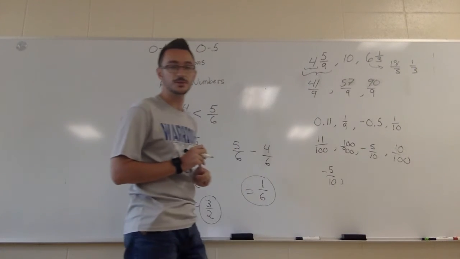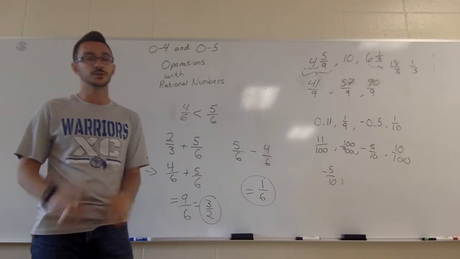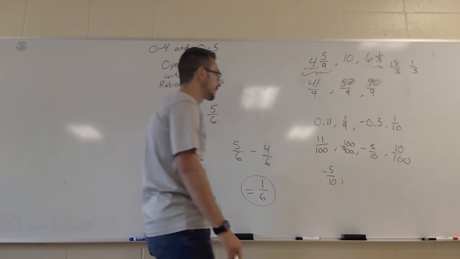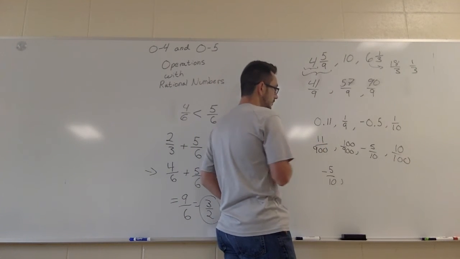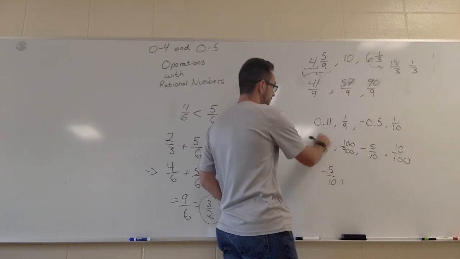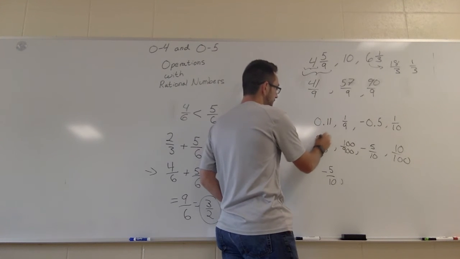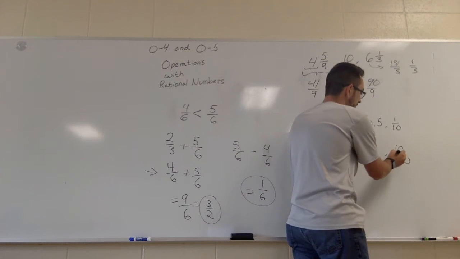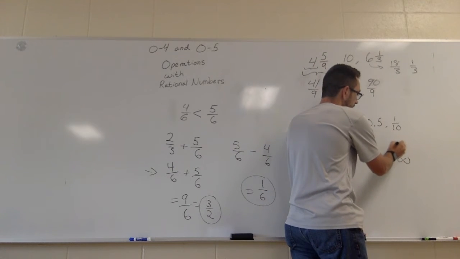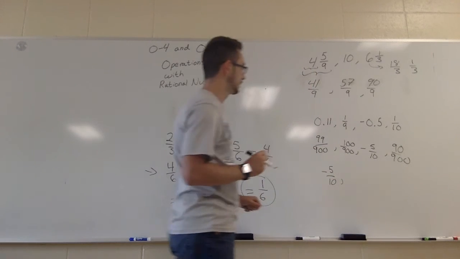So that's the same thing, just kind of reiterating some fractions right here. If I multiplied this by 9, it would be 900, and then this would be 99. If I multiplied this by 9, it would be 900, and this would go to 90.